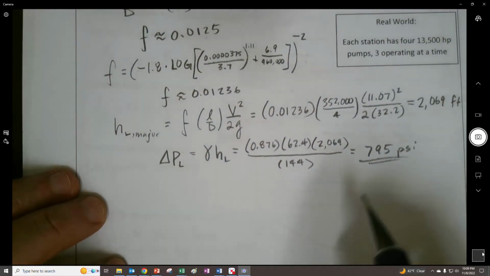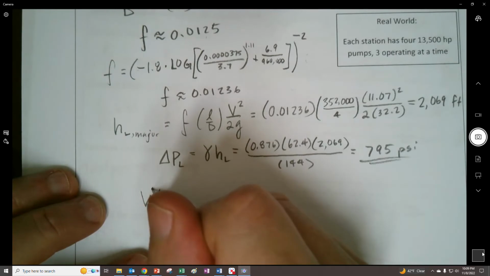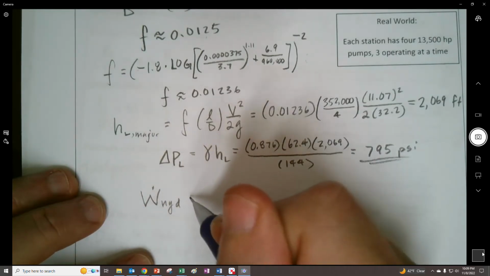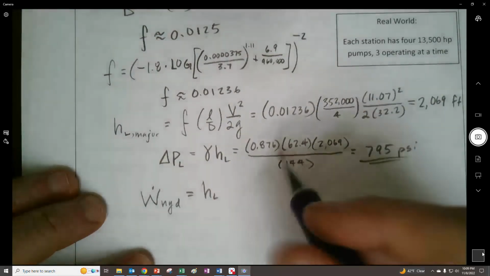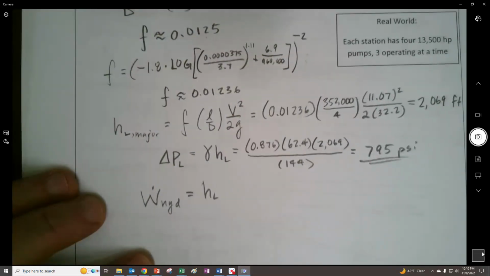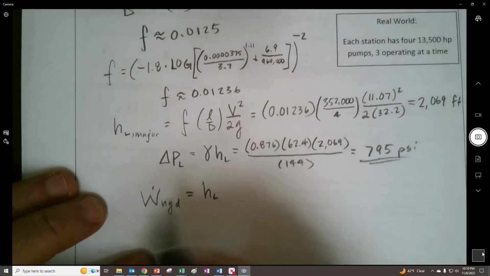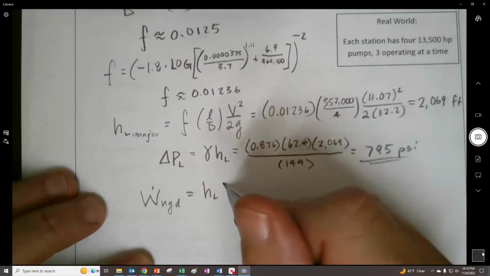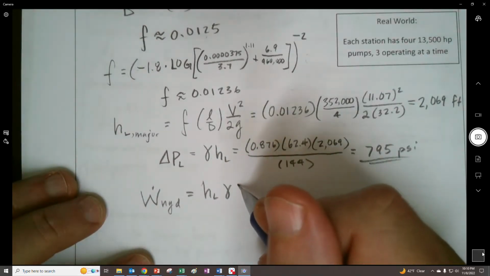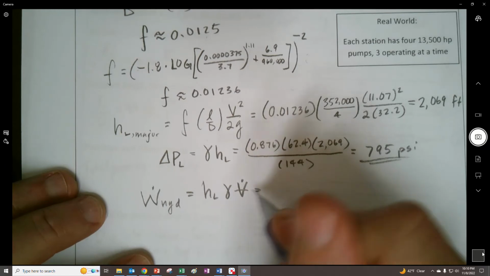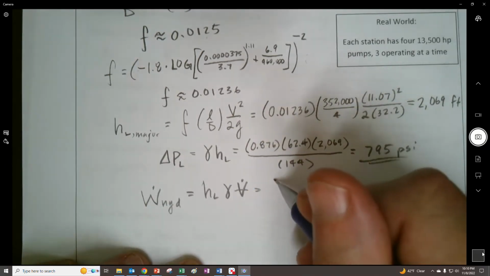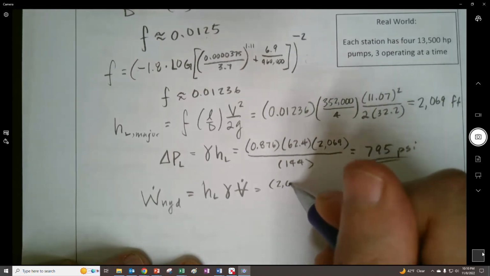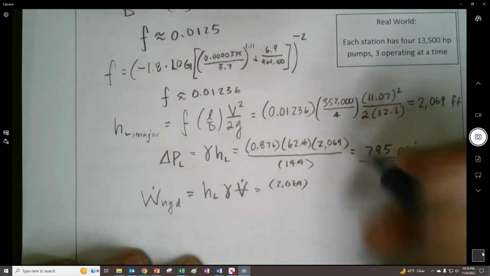And in terms of power that it'll have to have, this pump hydraulic power, we're going to take that head loss. All right, because we're ignoring all the other Bernoulli things that we have to do, but this is such a huge amount. The head loss is way larger than anything else. We're going to use that head times the specific weight times the volumetric flow rate. We know that that's what power is going to be in a pump. So we have 2,069 feet.